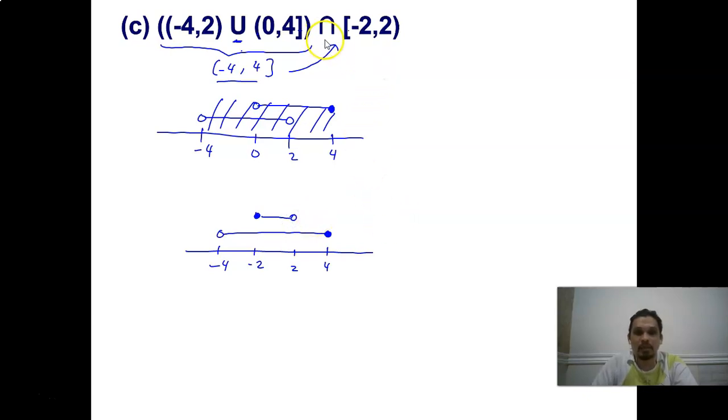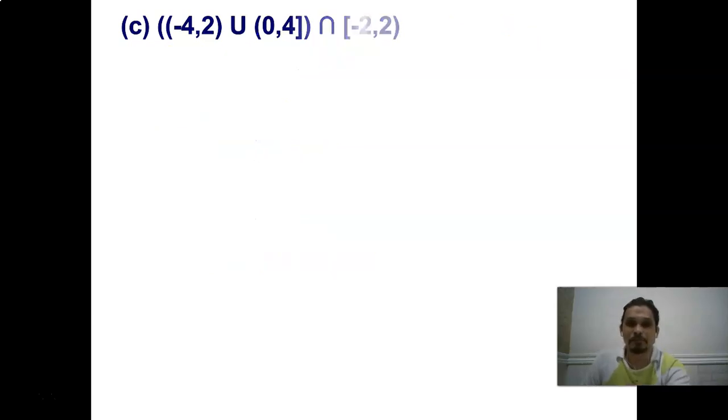And then comes the sign of intersection. Intersection means where do they intersect each other? So then it is from negative 2 until 2, and this is negative 2 until 2. Okay, let's continue.